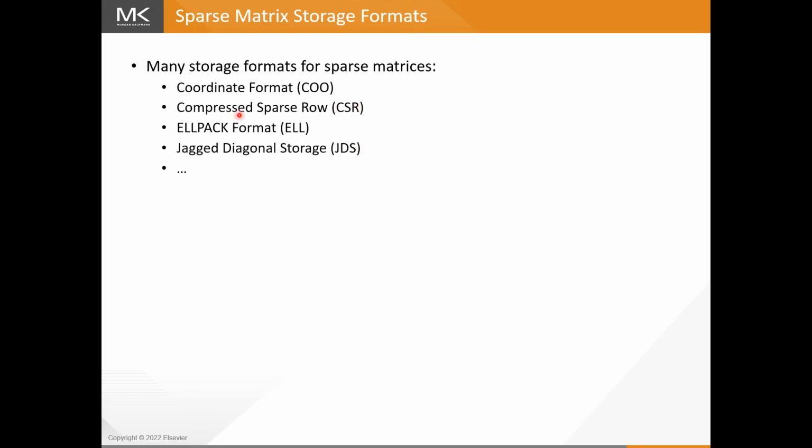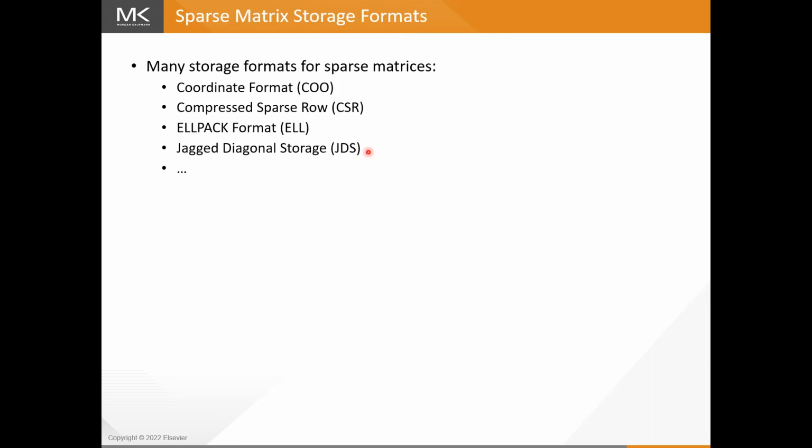We're also going to look at a variant of CSR, which is CSC, compressed sparse column. So today we're going to look at COO, CSR, and also CSC. And next time we will look at ELL and JDS. Is this clear?